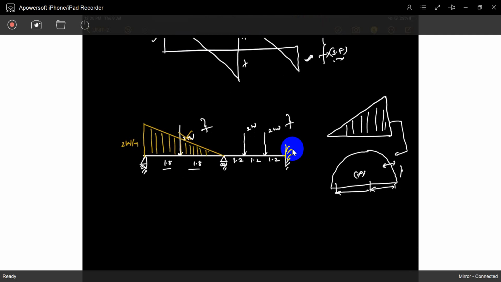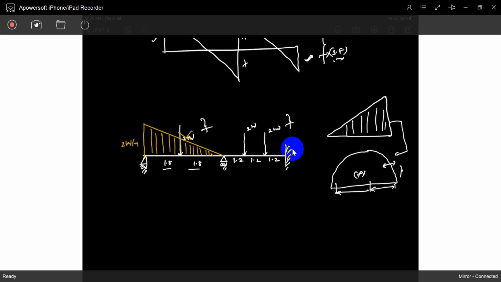No need to explain, because the only problem you may face is what the area of that parabola is and what the centroidal distance is from each location. So try to search in mathematics, find out and solve the problem. Okay, that is your assignment.